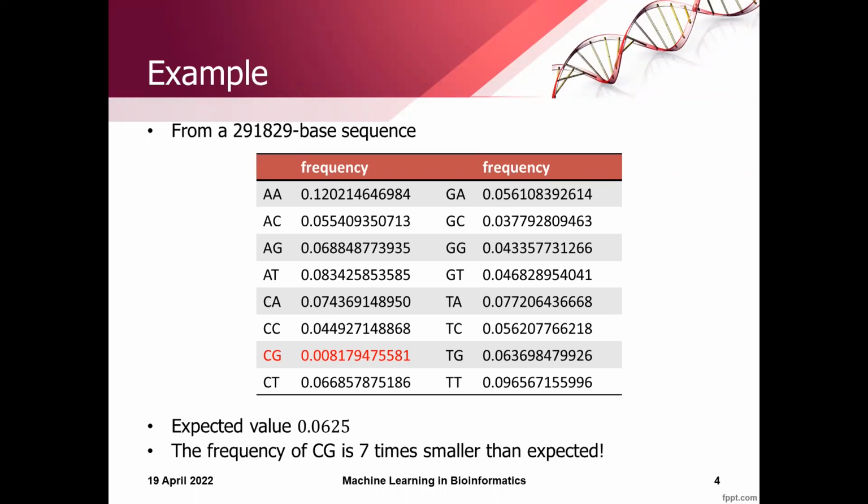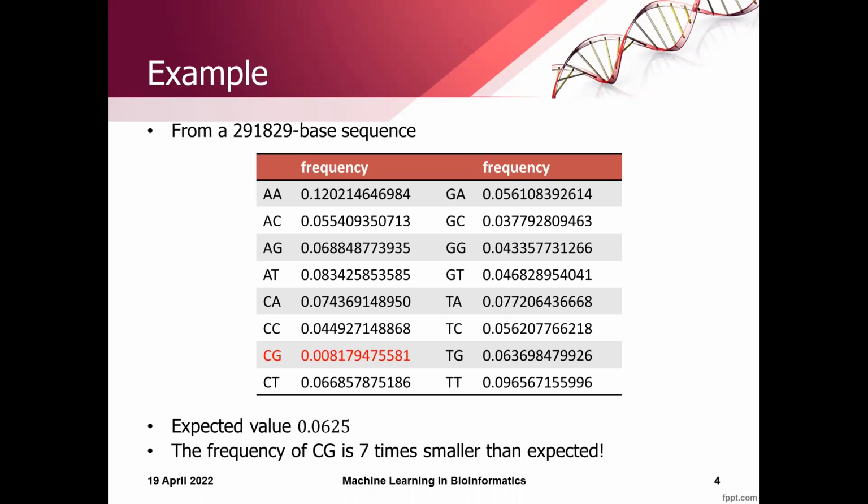But this was the probability overall in the long sequence. And when they looked into the coding sequence, they found out that in coding sequence, this frequency of CG pairs is much higher. Why? Are you both from bioinformatics? No, you not? You.